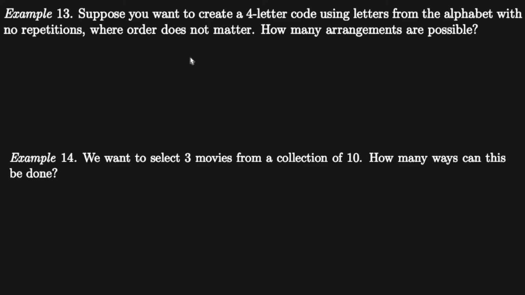So with example 13, we have a 4-letter code where the order does not matter, so it's a combination, and there are 26 letters in the alphabet, so we can say that this is 26 choose 4, which is equal to the combination formula, which is 26 factorial over 4 factorial, and then we have 26 minus 4 factorial.